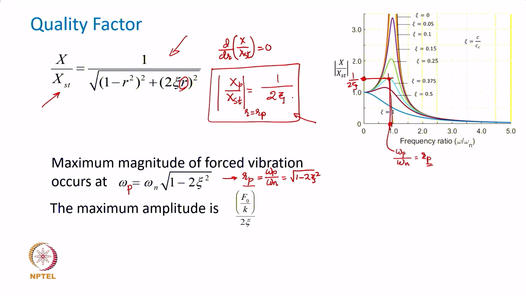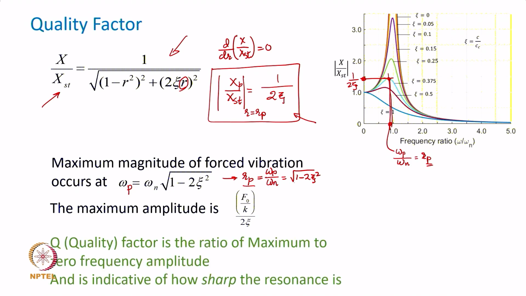Now, we introduce here a very important factor in the forced vibration case, and that factor is called quality factor, which is defined as the ratio of the maximum amplitude to the zero frequency amplitude, and that ratio is indicative of how sharp the resonance is. Okay. So, this ratio q as it is defined is the ratio of xp over xst.